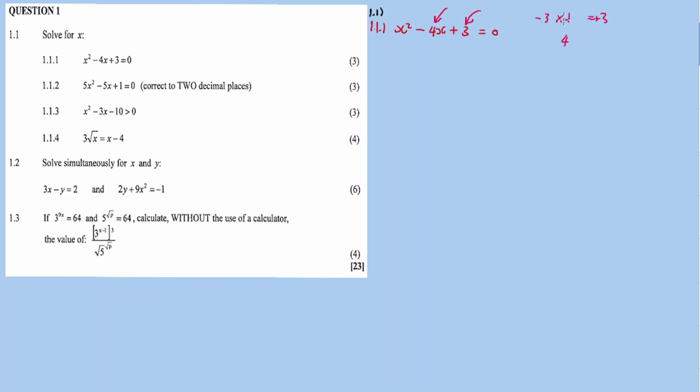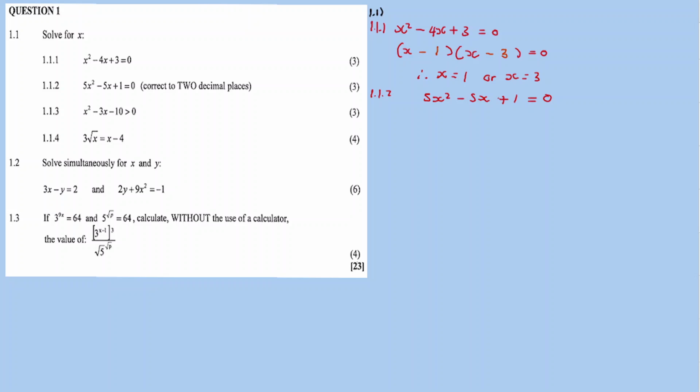Check. Negative 3 plus negative 1 gives negative 4. Check. So our factors are negative 3 and negative 1. It doesn't matter how you write them. So our answer is x equals 1 or x equals 3.